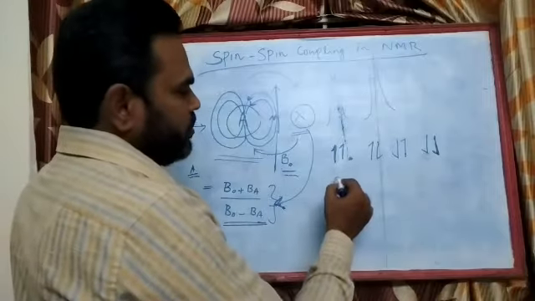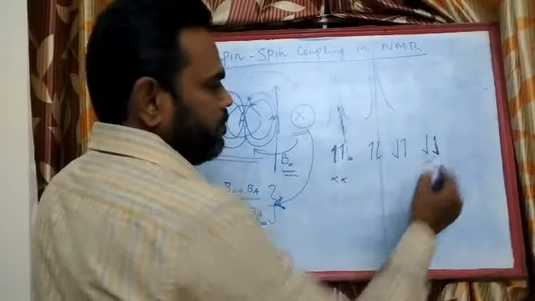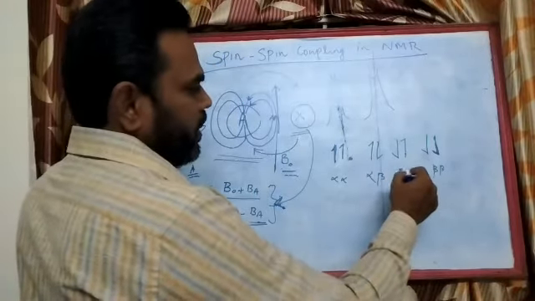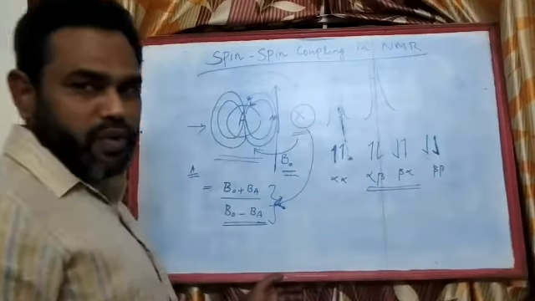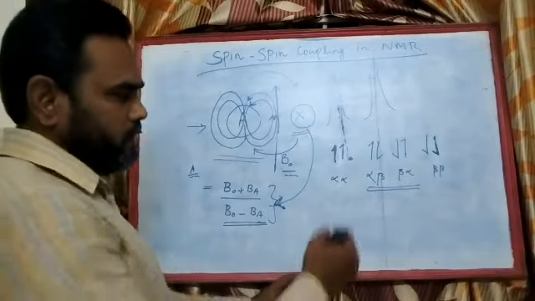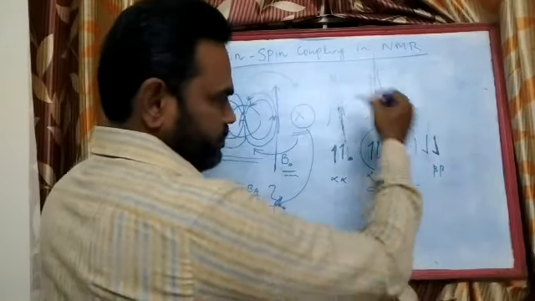You can state this as alpha alpha, beta beta, and the other two as alpha beta and beta alpha. These two spins are energetically equivalent, and hence these two can be coupled.